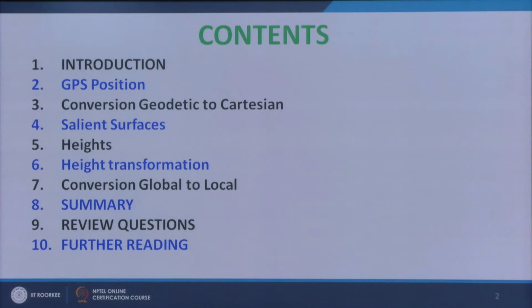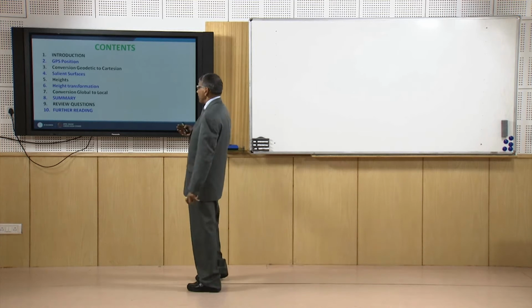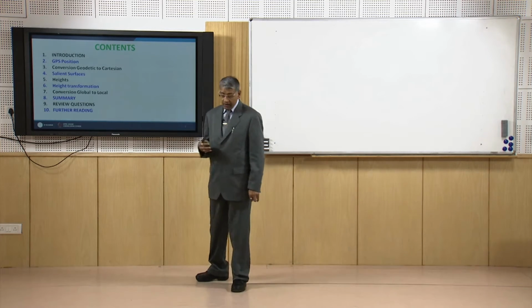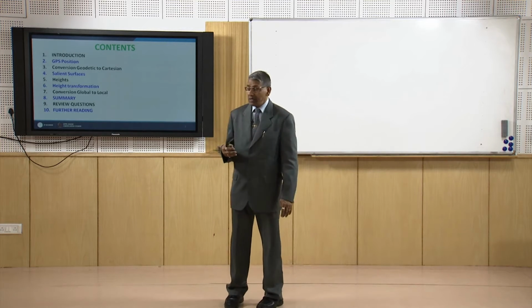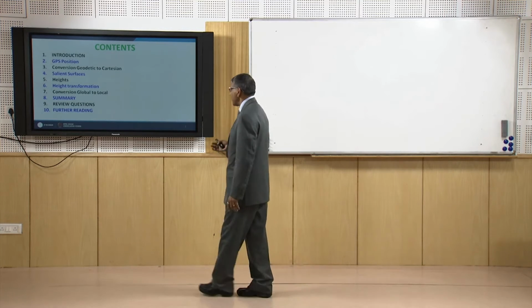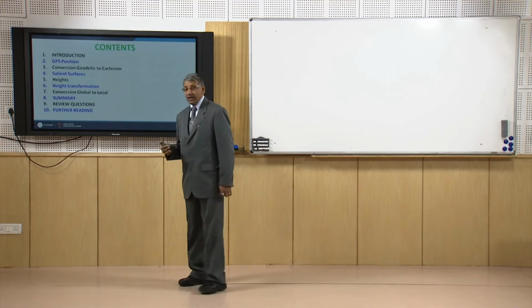Now, to know more about this GPS position, we need to know some more fundamental things, like different salient surfaces of the earth, different types of height, their transformation, and then finally global to local conversion.